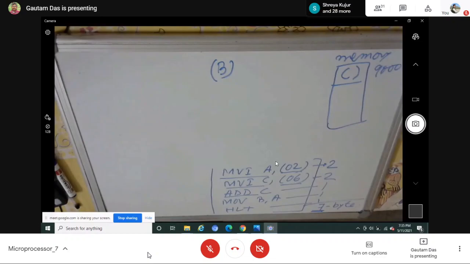Now I want to write an assembly language program to add these two data. Then tell me, suggest what instructions I should write. One data is already there at B, and there is some data at the memory register whose address is 9000. You don't have to store.